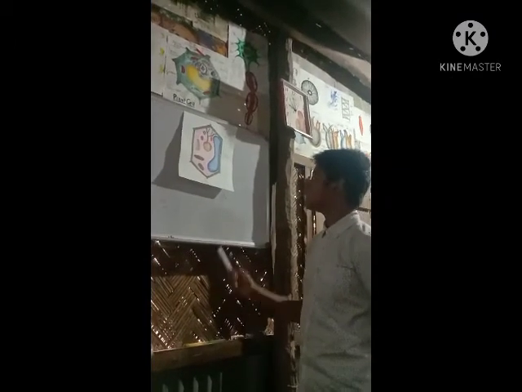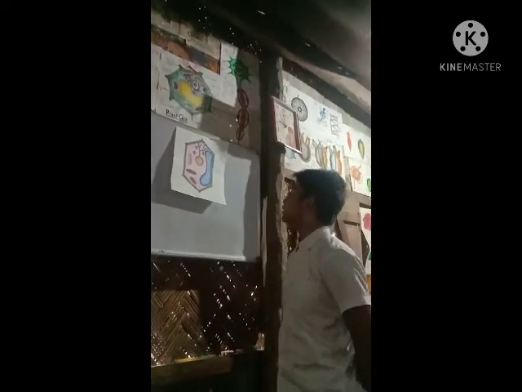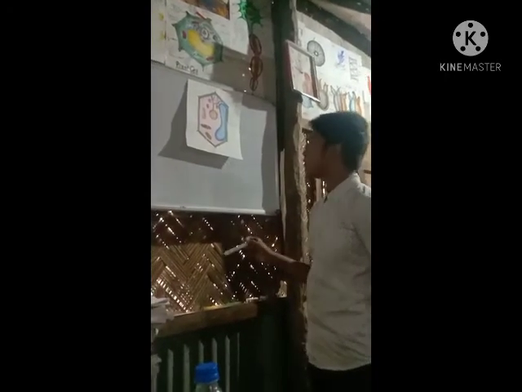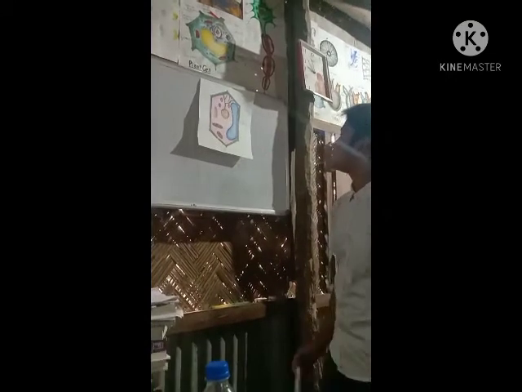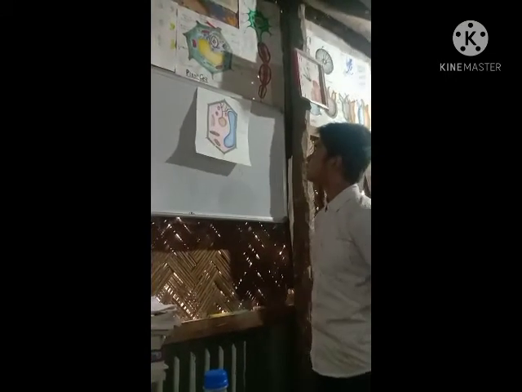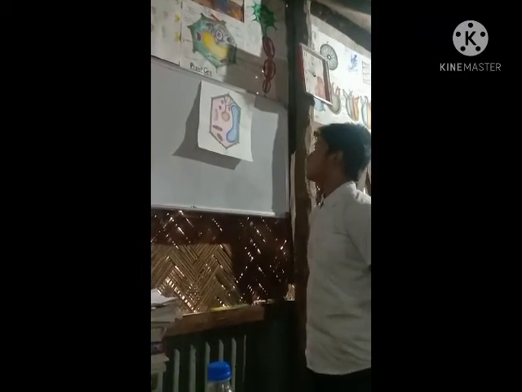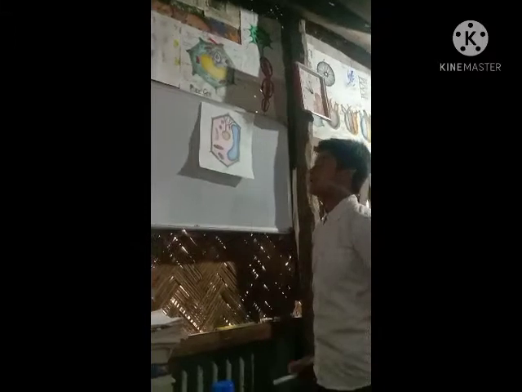Then another layer of a plant cell is the cell membrane, which is thinner than the cell wall, living, and made up of protein-lipid-protein. Then nucleus. The nucleus is a well-developed nucleus found in eukaryotic cells.